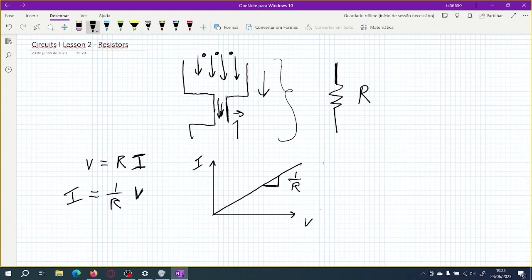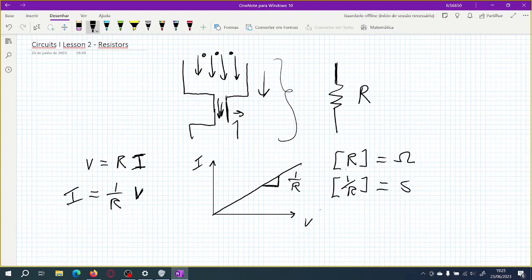And the inverse of the ohm, which is the unit of the resistor, is called the Siemens. So R is measured in ohms, and 1 over R is measured in Siemens.